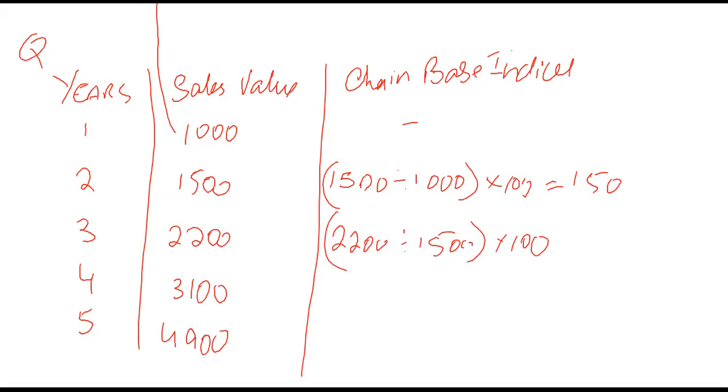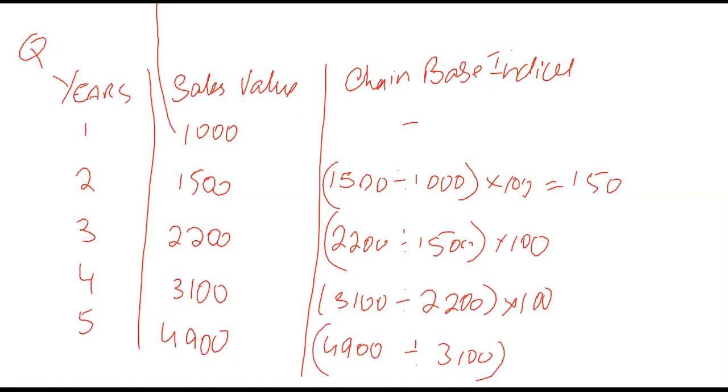Let me write all the calculation figures over here. 3100 is this year's value divided by previous year's value, that is 2200, multiplied by 100. And last, that is 4900 divided by 3100, previous year's value, multiplied by 100. So for 2200 divided by the previous year value, that is 1500, and then multiplying by 100, I'm getting an answer of 147.